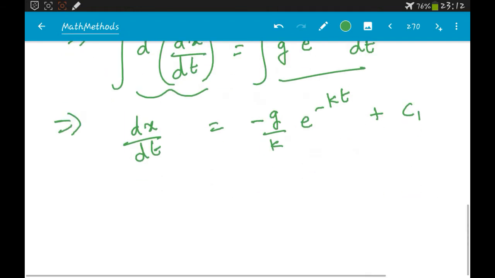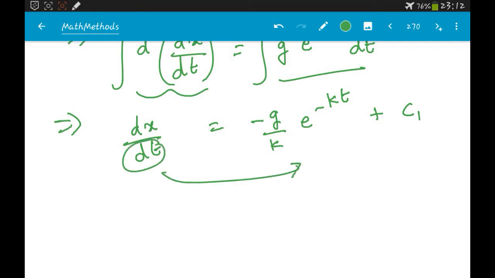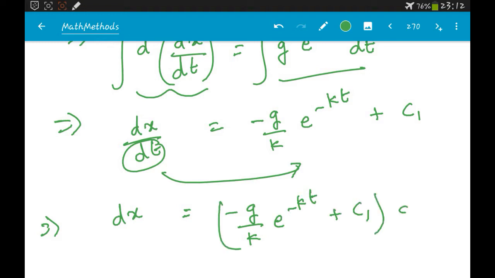Okay, now again we can take dt to the other side. So we will have dx is equal to minus g by k e power minus kt plus c1 into dt.